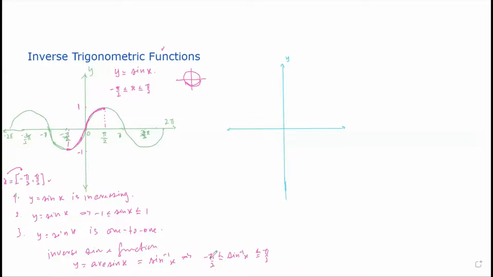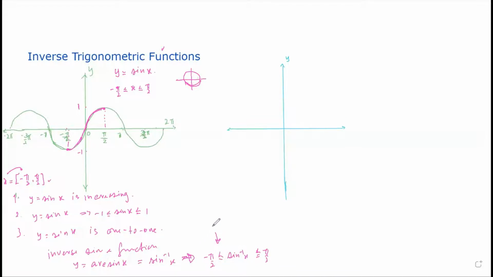This is the definition of arc sine x, or the inverse sine function. So don't forget, the inverse sine function has a restriction. That means it has to be between these values.